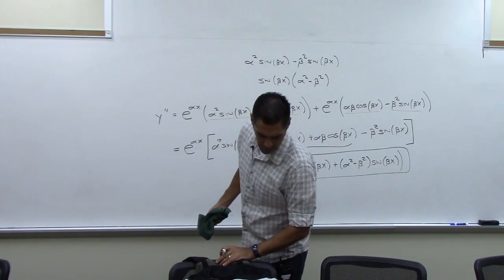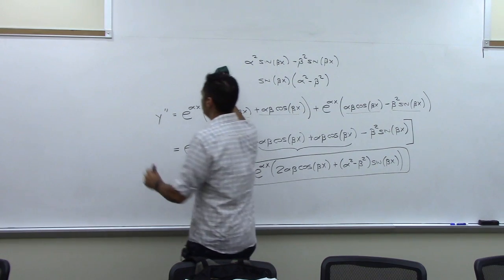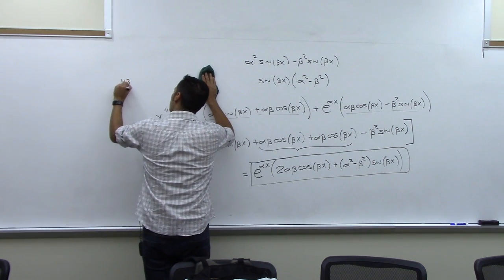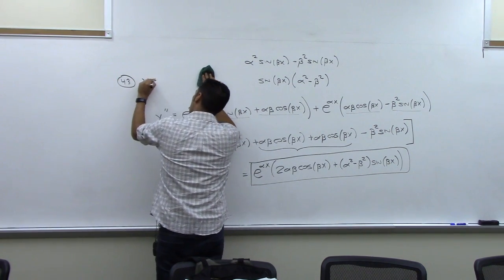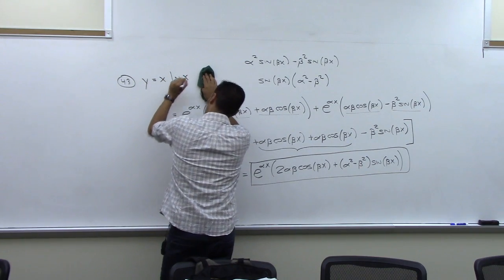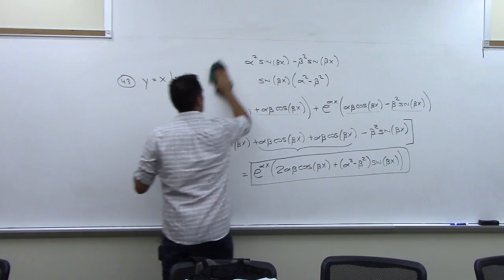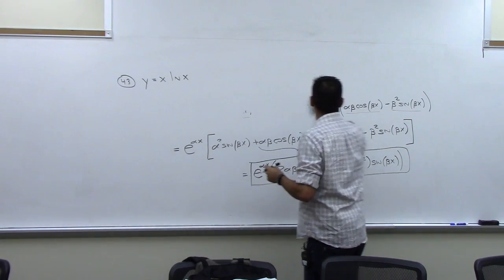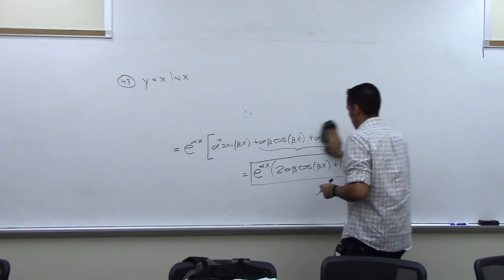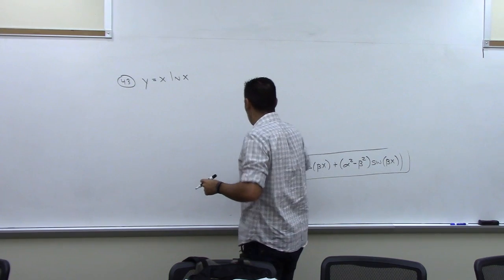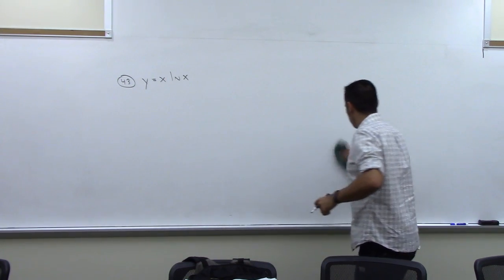All right, next one, 43, x ln x. All right, so let's do the first derivative here. They're asking for the second derivative again.